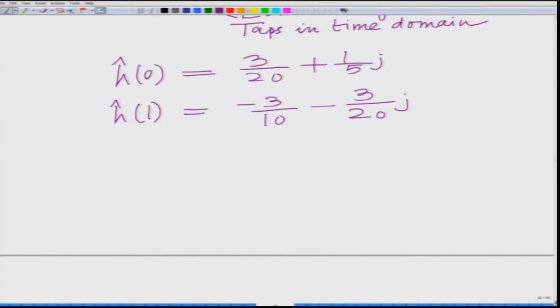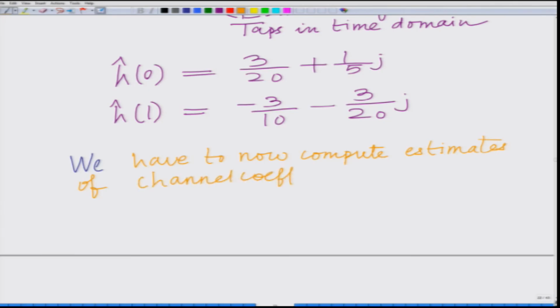Now that we have the estimates of the channel taps in the time domain, all that is left is to compute the estimates of the channel coefficients H0, H2 for the information subcarriers.